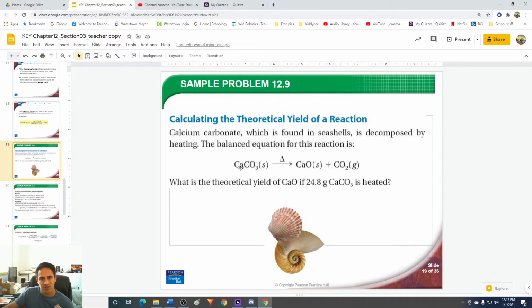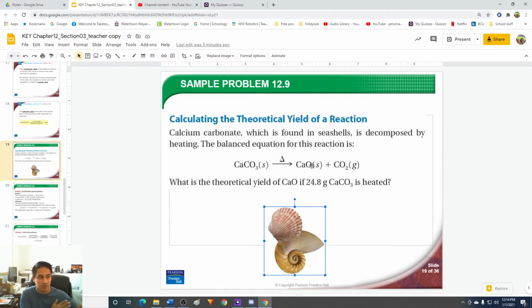They want us to figure out how much calcium oxide we should be able to make if we are starting with 24.8 grams of calcium carbonate, okay? That's what they're asking. So pretty much this problem is just taking 24.8 grams of calcium carbonate, this material, and converting it into grams of calcium oxide, this material. Okay, that's it. That's all we're doing.